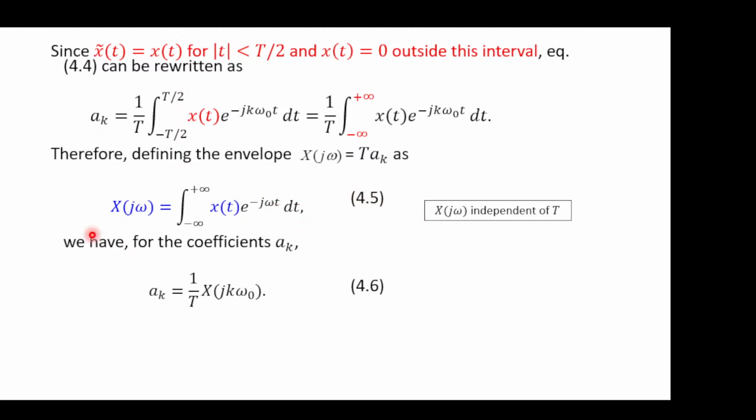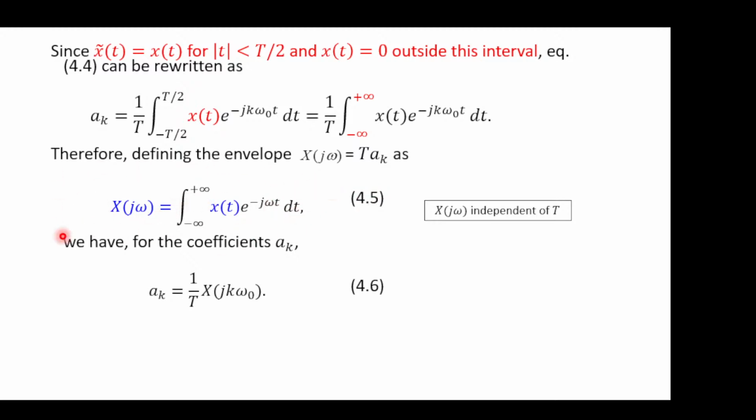And we see that now this thing is independent of big T. It's very nice. And kind of independent of ω₀, although now it is a function of ω, and if we have some ω₀, then we'll have kω₀ equal to ω.